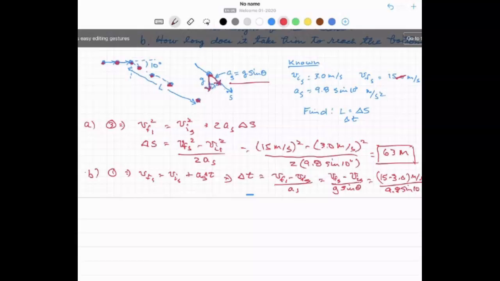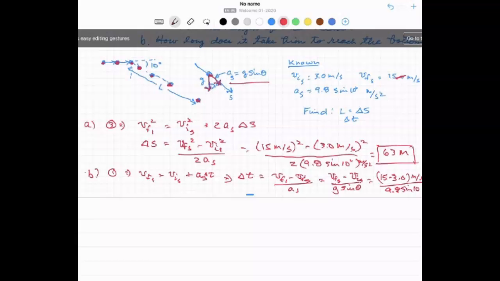And by the way, I left off my units above. Let's look at that for a second. Meters per second squared. So in my calculation for the displacement, in the numerator we had meters squared per second squared, and in the denominator we had meters per second squared.